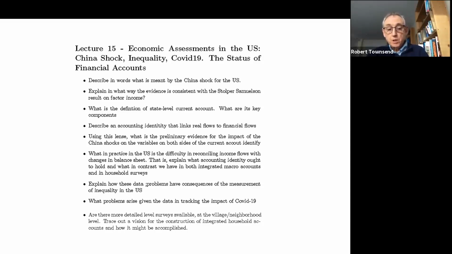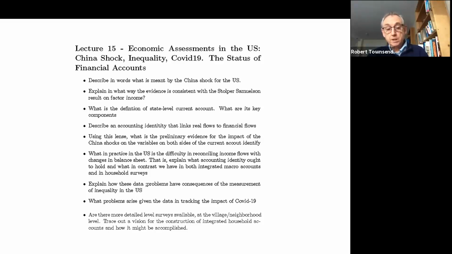So the logic of it is you have flows in the income statement: revenues less expenses equal profits, or for households, net income, and what they don't spend or pay out as dividends, they should be saving. So some balance sheet items ought to go up if households or firms are saving.